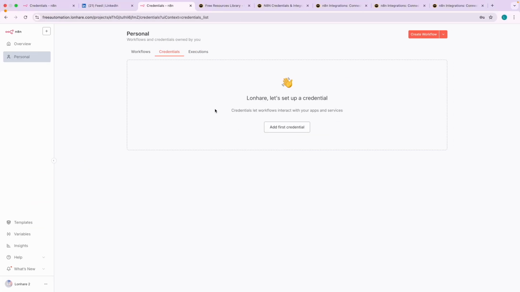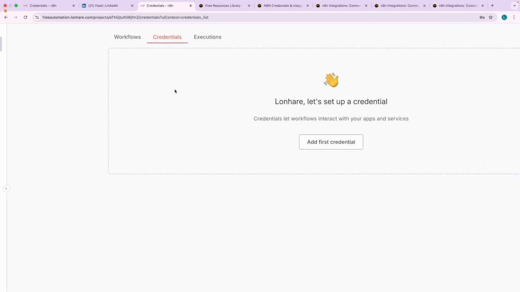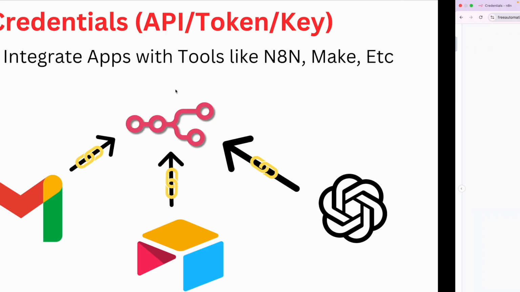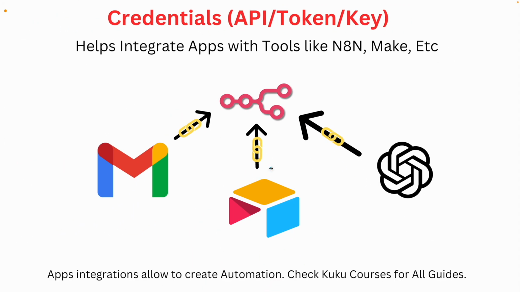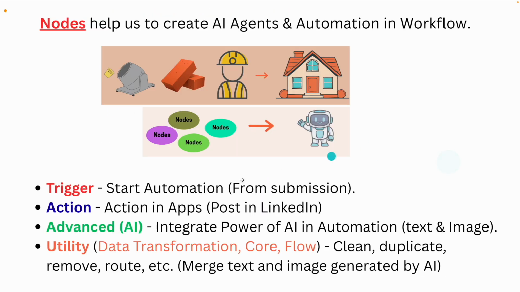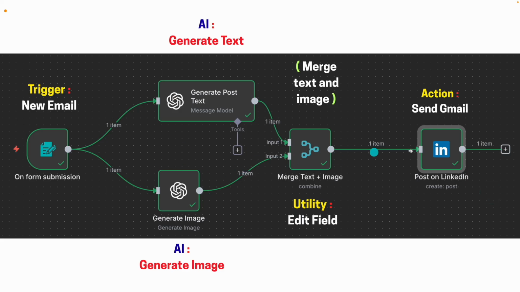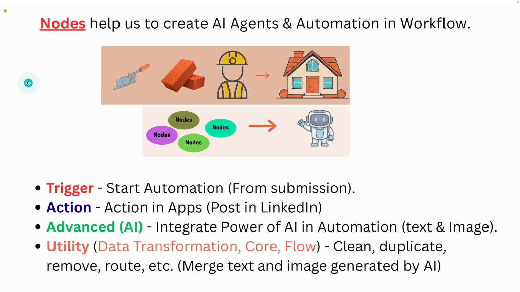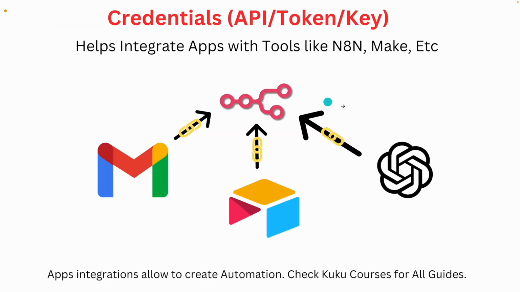They allow you to connect different apps inside N8N so that you can automate them and create your AI agent and automation. That is the simplest concept of credentials. So we need OpenAI and LinkedIn. Make sure you watch the tutorial about the credentials.